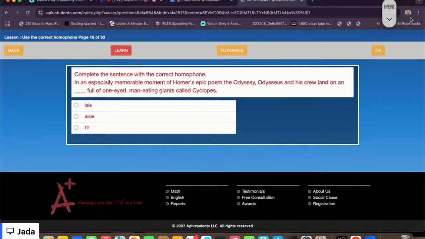In an especially memorable moment of Homer's epic poem, the Odysseus and his crew land on an dash full of one-eyed, man-eating giant called Cyclops.